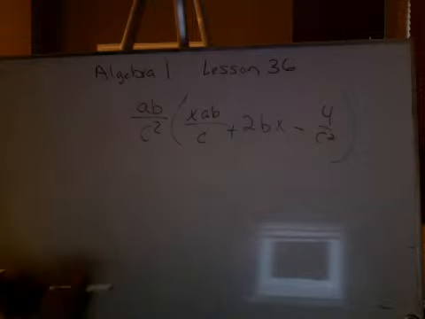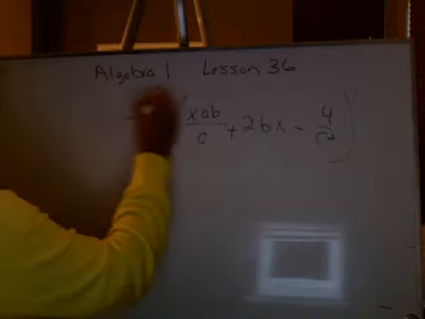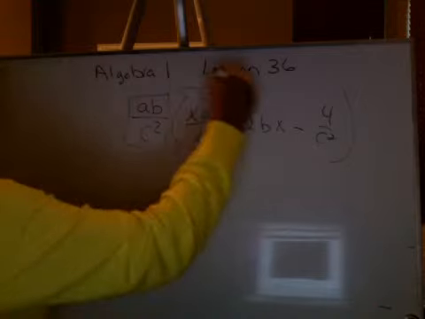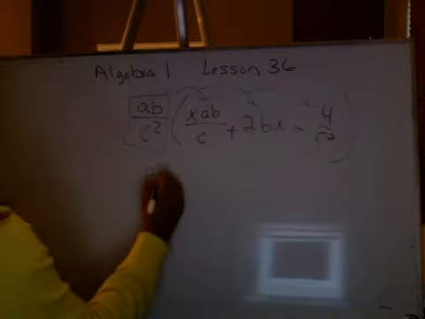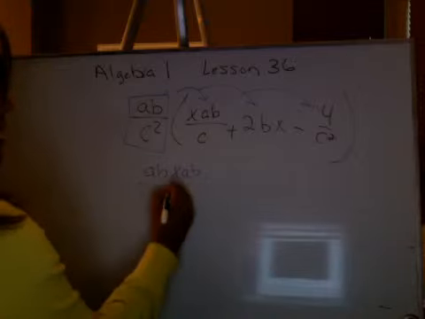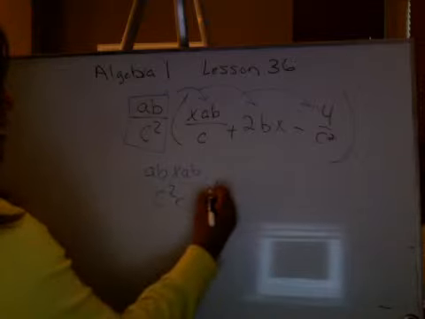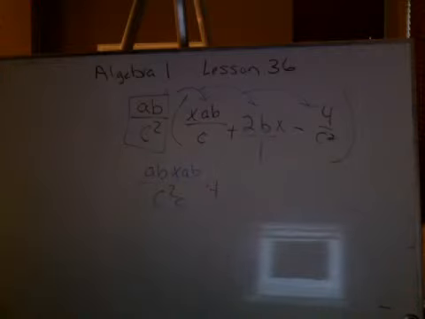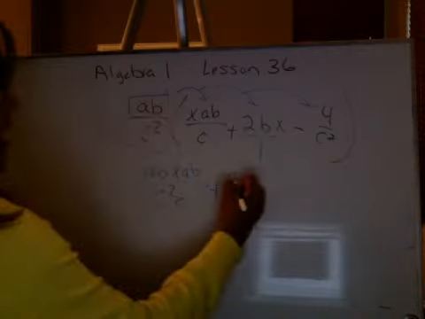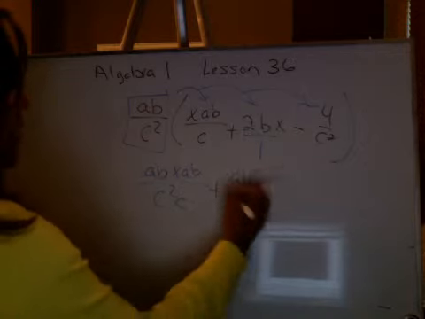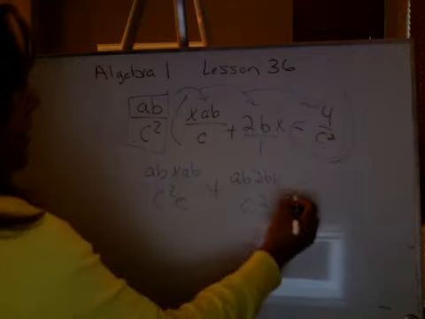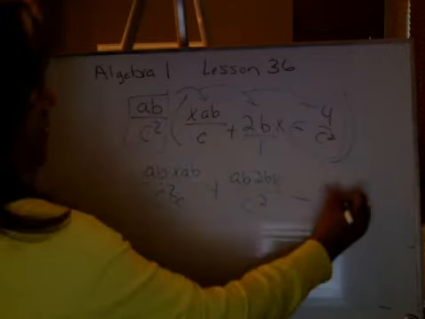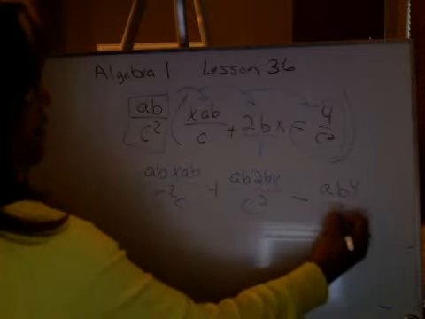We've got three terms within the parentheses, and we must distribute this fraction right here through every term. So we get ab times xab over c squared c plus, and this is like a whole number, we have to put over 1, so to multiply fractions, we get ab 2bx over c squared, because c squared times 1, minus, this minus is married to that, minus ab 4 all over c squared c squared.